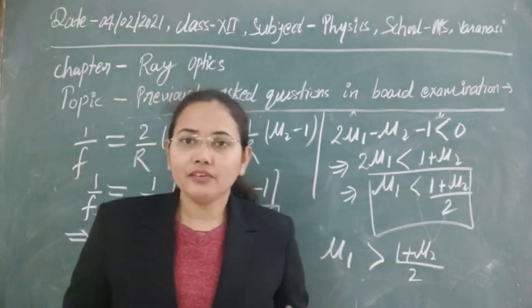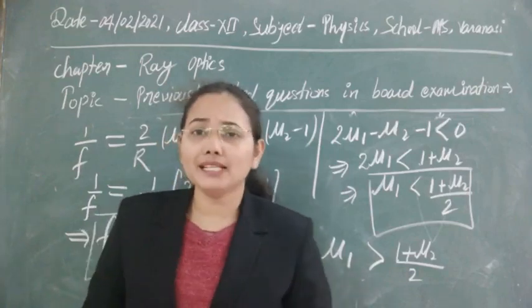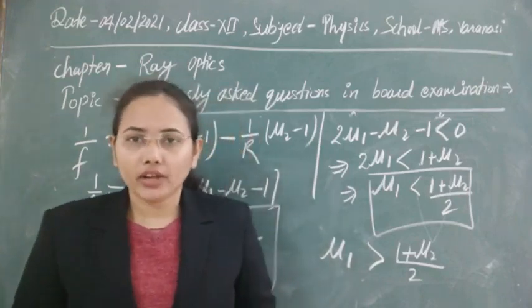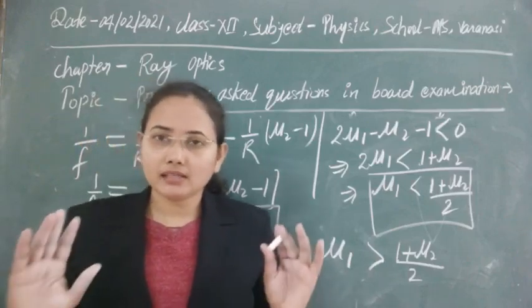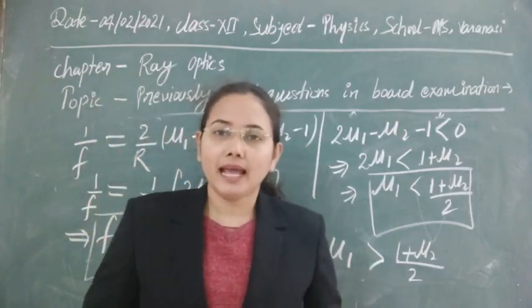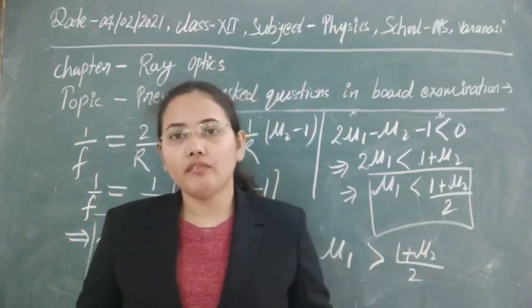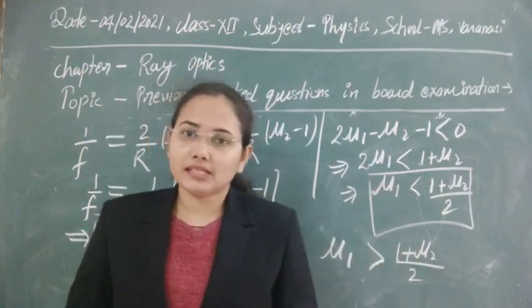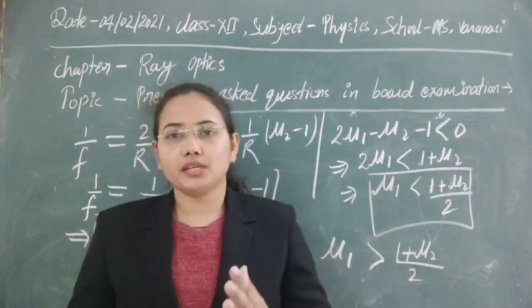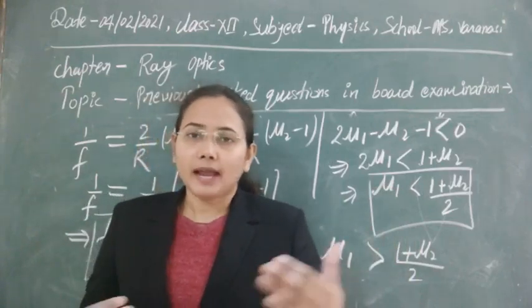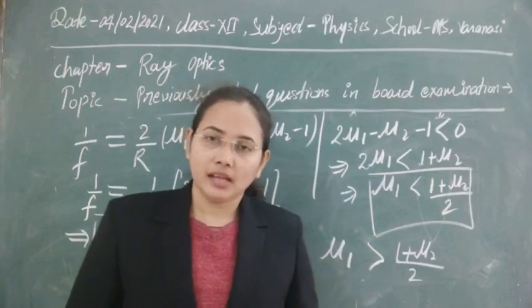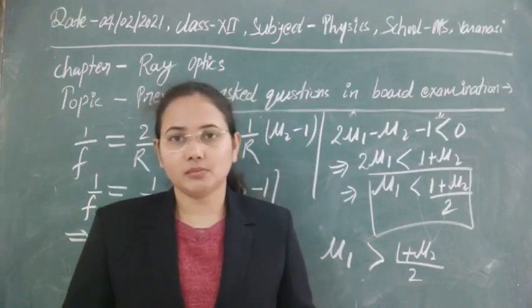So obviously if the combination is acting as a convex lens, then you can just apply the ray diagram in the same way as you make it for a convex lens, when light rays come from a far object, or you can say from infinity, and are focused at some point on the principal axis.